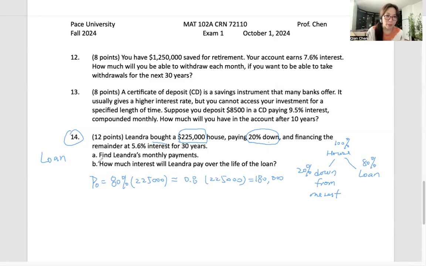Right? So part A is to find her monthly payments. Remember the P naught equation. This is a loan, but paying out the loan, right? So how much do we need to pay? Use the same formula: D times 1 minus (1 plus R divided by K) raised to the negative power, divided by R divided by K. So let's plug in.